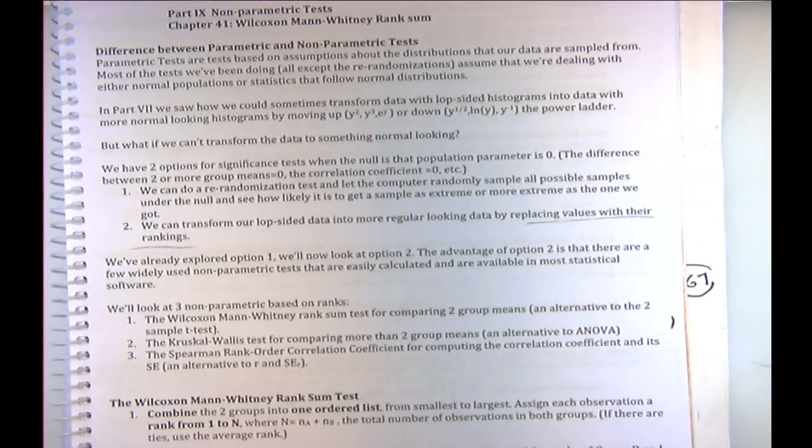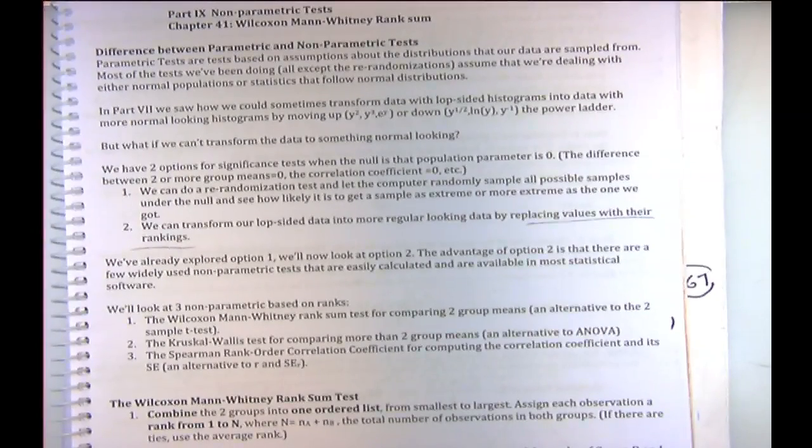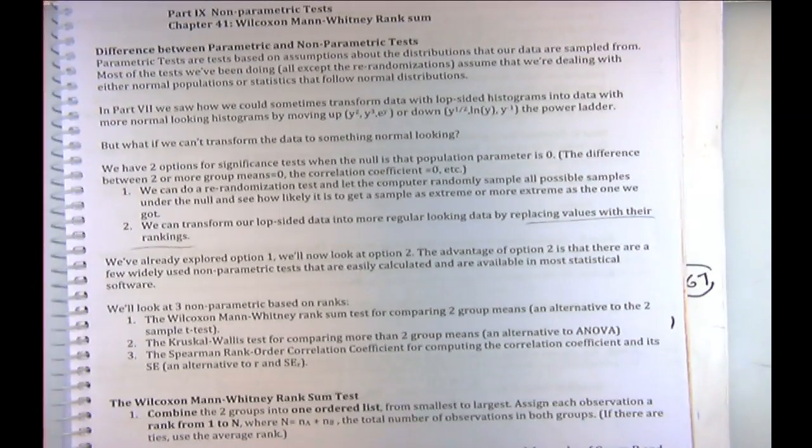So if we had a data set of 20 numerical values, we just list them from smallest to largest, from 1 to 20.